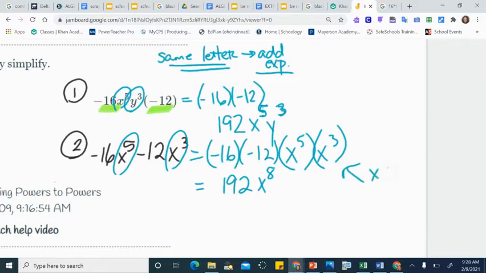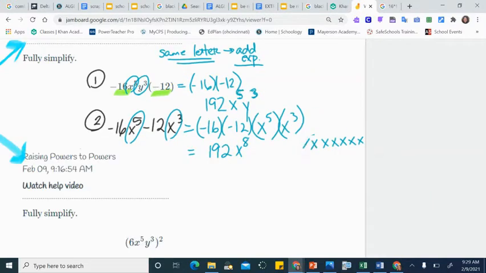X to the fifth means x times x times x times x times x. X cubed means pop in another 3 x's and multiply them all together. So we have 5 of them plus 3 of them all being multiplied together. And that's what an exponent means, is how many of them are being multiplied together.